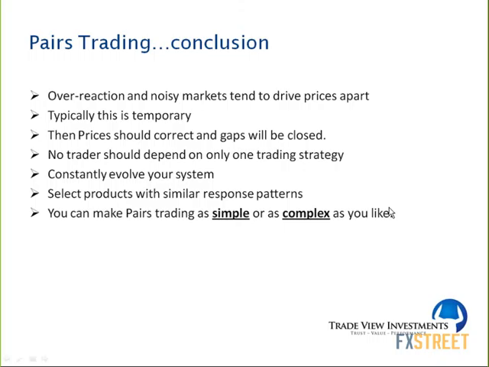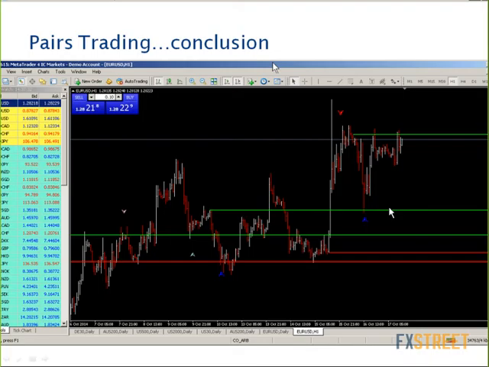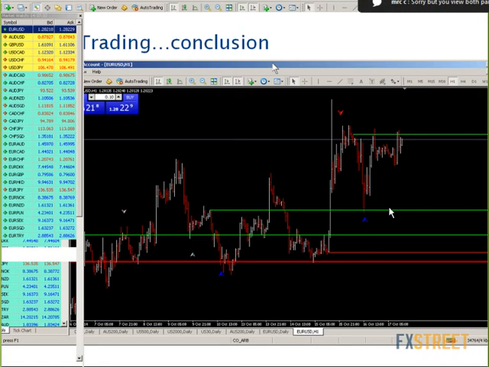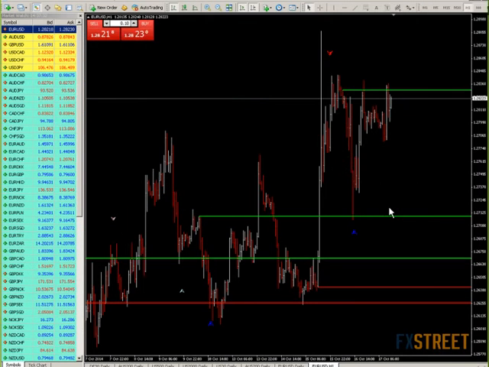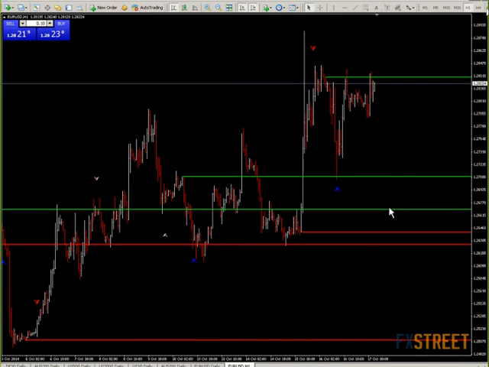Euro pullback. Give me one second. So we're going to have a look at the daily. That's not working. Why is that not? One second. There we go.